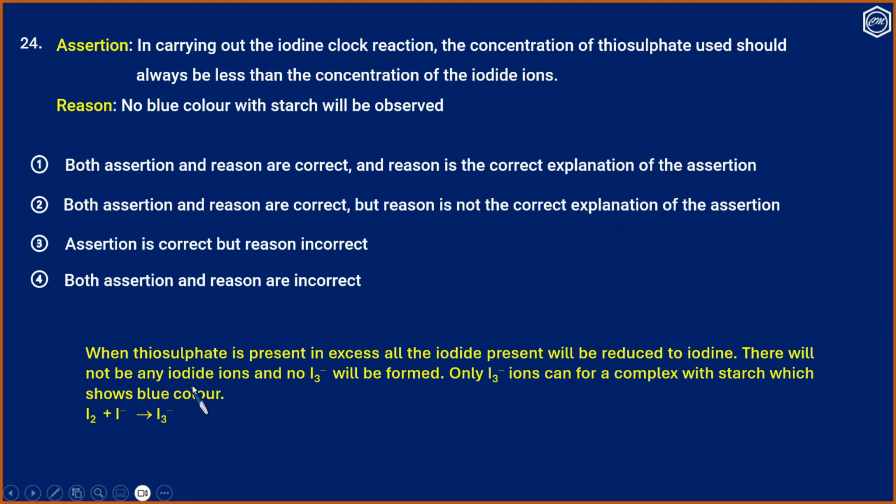There will not be any iodide ion and no I₃⁻ will be formed. Only I₃⁻ ion can form complex with starch, which shows the blue color. So the assertion is correct, and the reason also is correct, and the reason clearly explains the assertion. No blue color will be observed. So the answer should be option 1.